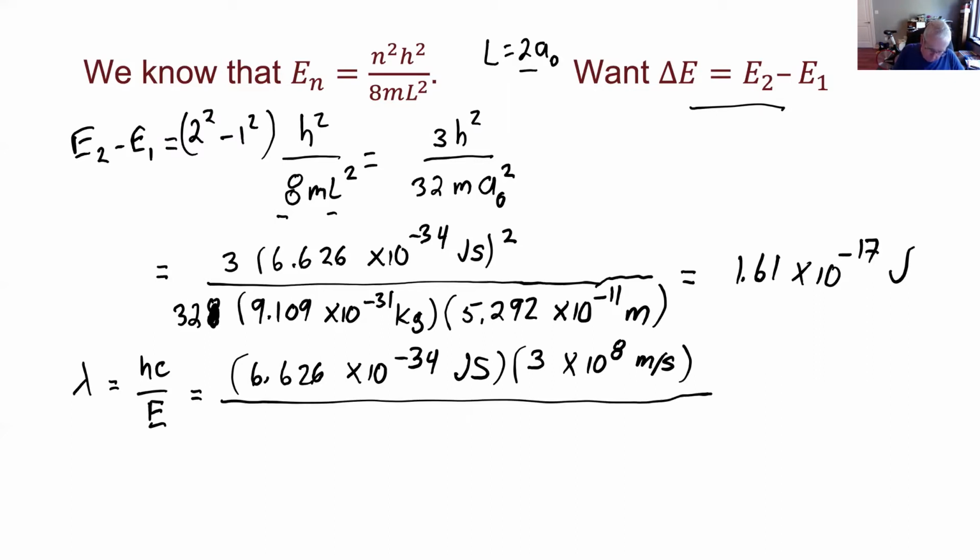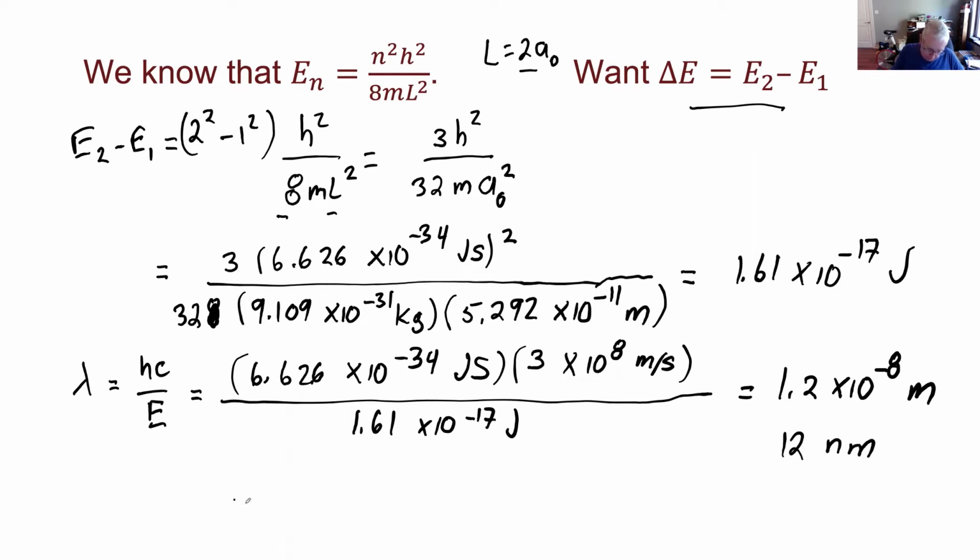And then my energy is that number we just calculated. And so if I multiply that out, my notes say I get about 1.2 times 10 to the minus 8 meters. That would be about 12 nanometers.